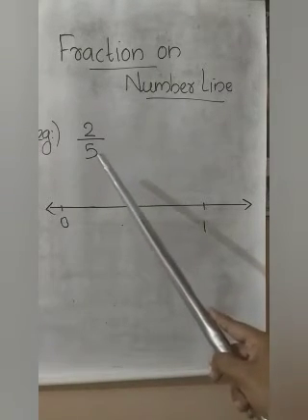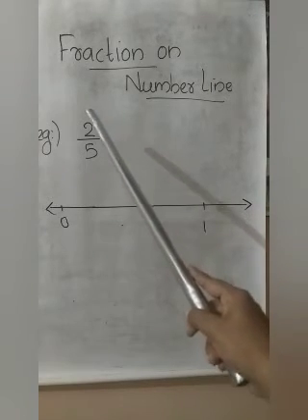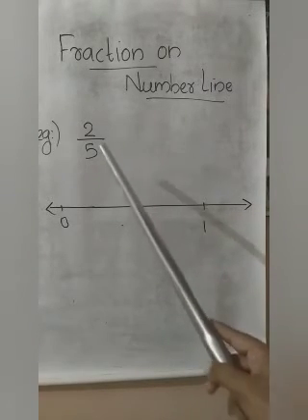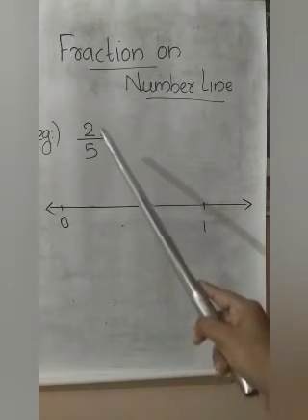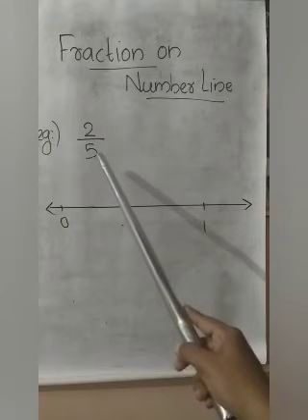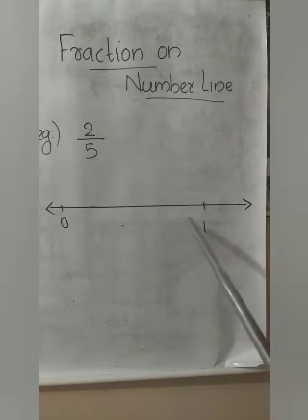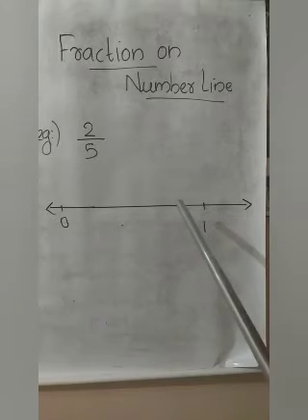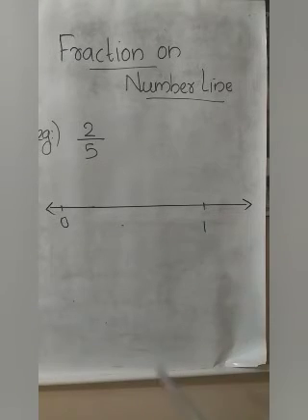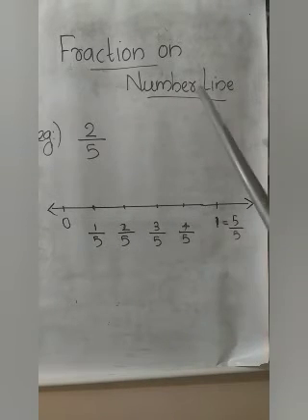That means out of the whole 5 parts, we are considering only 2 parts. So 5 parts we need. So that 1 unit distance, that is 0 to 1, we are dividing into 5 parts.